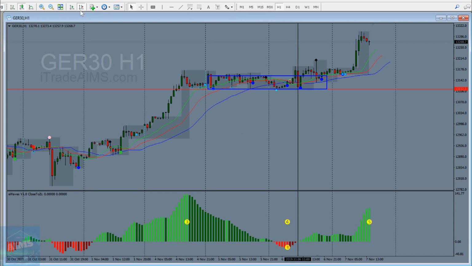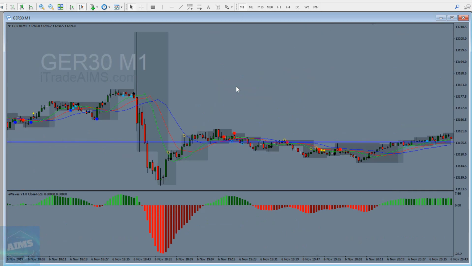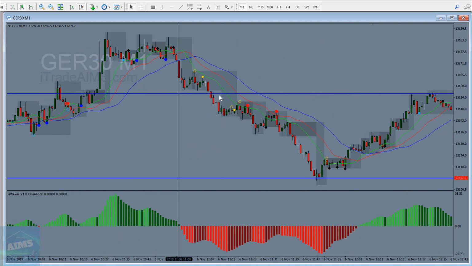And now let's go back to the M1 chart, and you will see that it bounced around that same range and the trend is up.